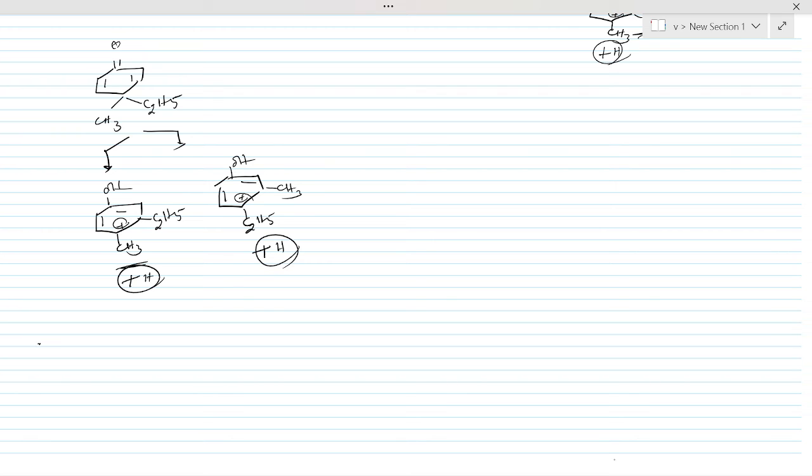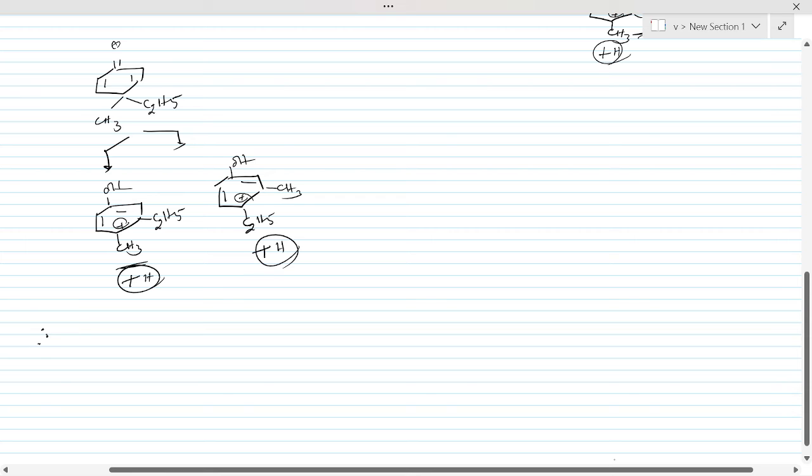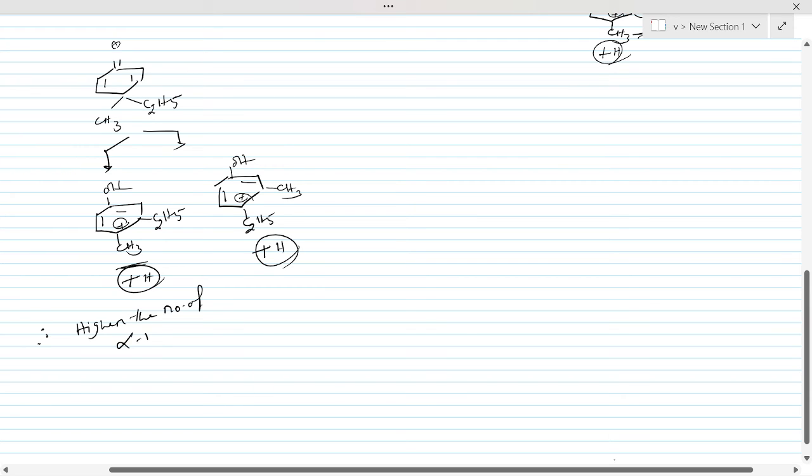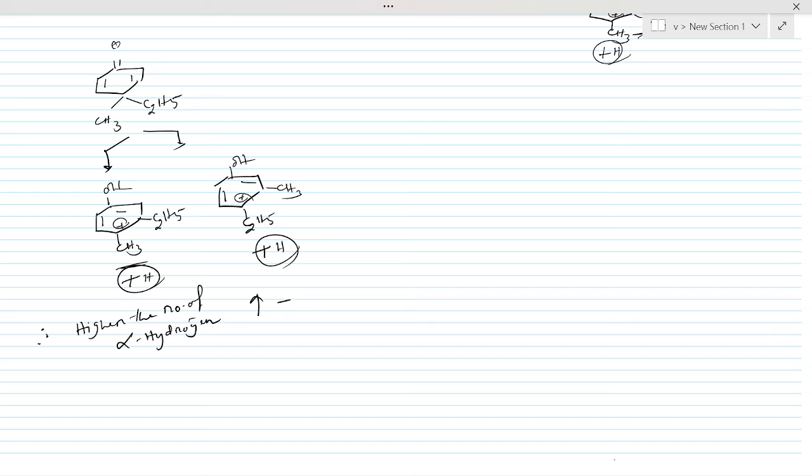So now you can remember one more thing: the higher the number of alpha hydrogens, the higher the plus H effect. You have to remember this.